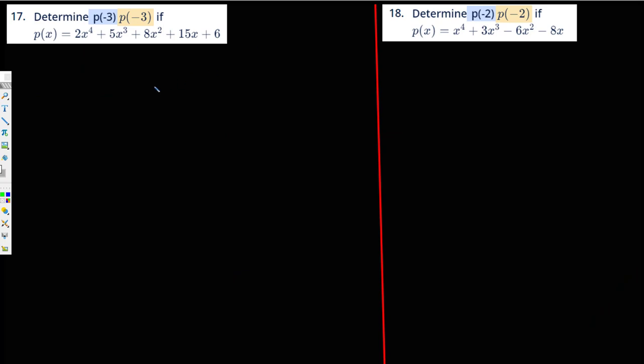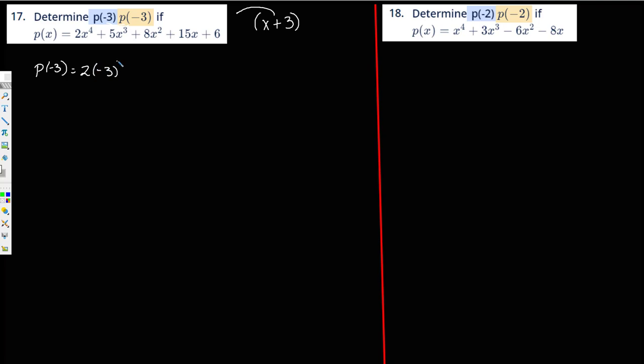So on this set, you'll be plugging the values into the function. This is like whenever you have x plus 3 and you're trying to see if it's a factor. This will give you the remainder. So p of negative 3 means I'm going to plug in a negative 3 all the way across.